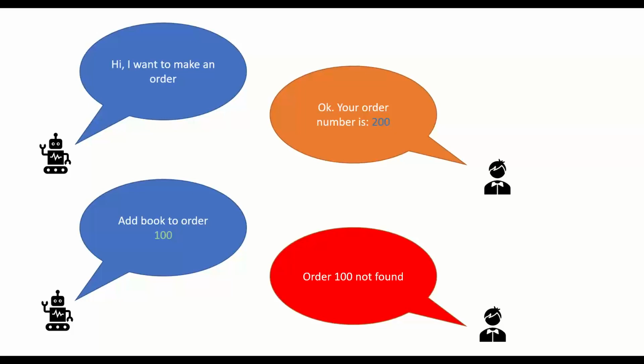The reason is that the robot is just blindly repeating what it said before, but in the conversation the order number was actually dynamic. So we need to correlate it: basically get it from a previous place and use it in a new place. Let's see how we can fix the robot to do that.